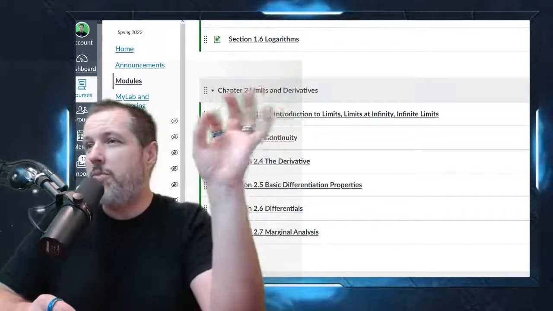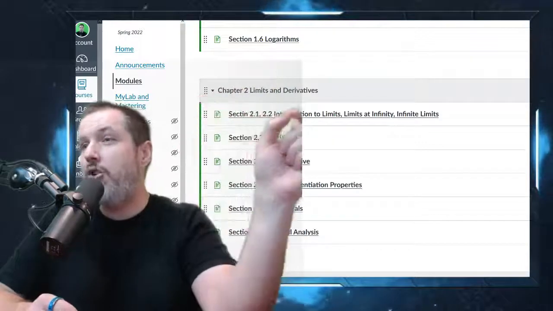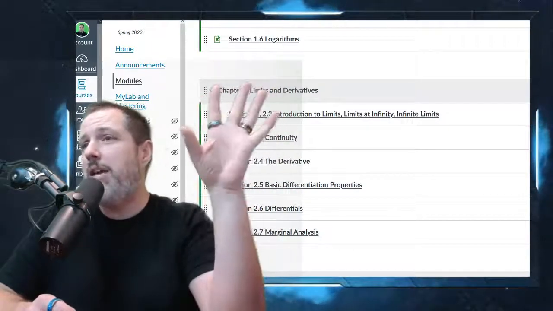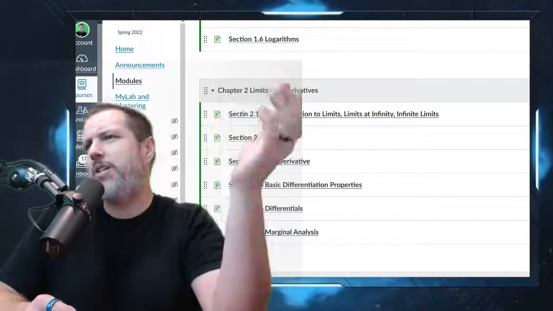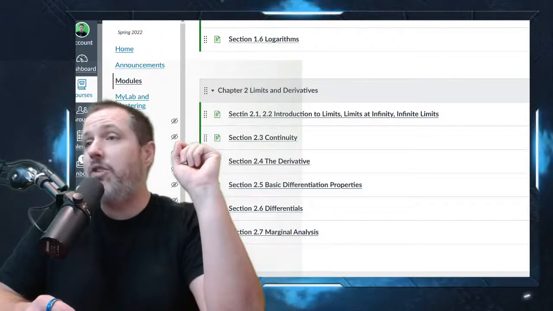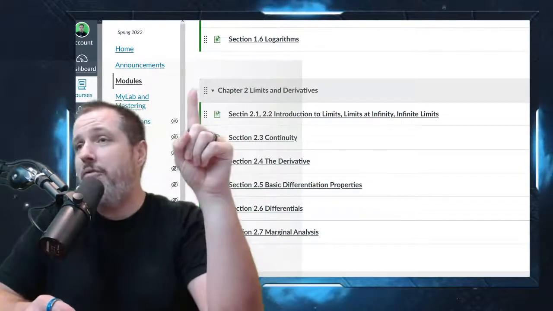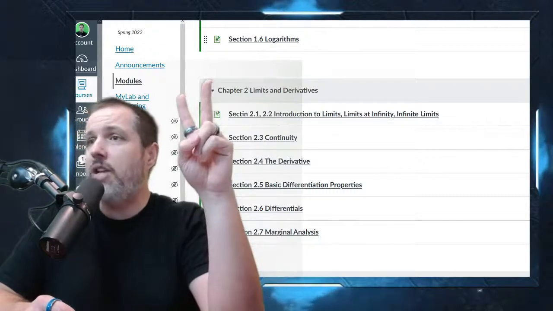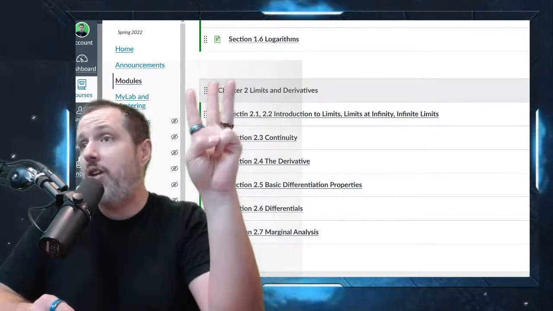Most people understand that means you still need to know how to do chapter 1, because we didn't make you do all that review just because I want to see you do a bunch of problems. It's because many of these problems you can't do if you don't know how to factor, or how to solve an equation, a quadratic equation especially.